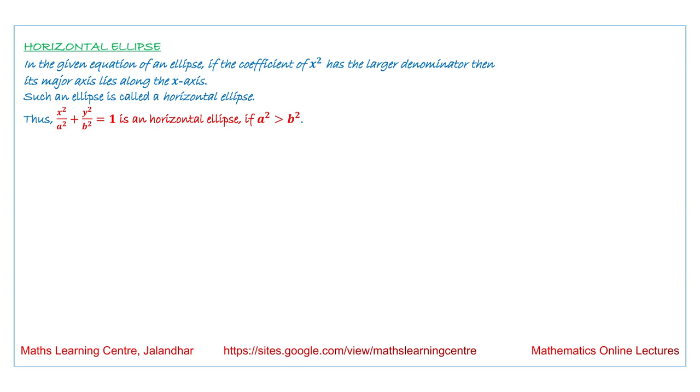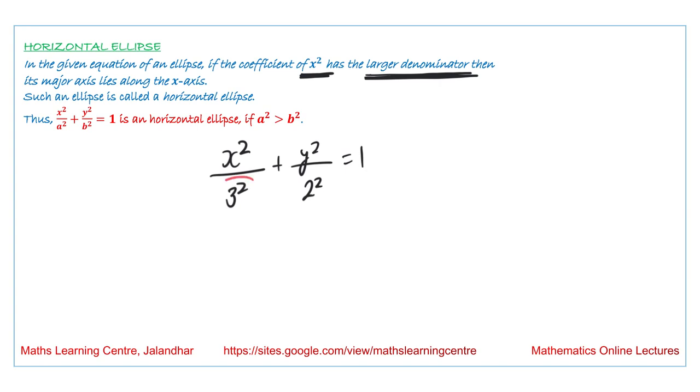Next we have different cases over here. First is the horizontal ellipse. In the given equation of an ellipse, if the coefficient of x square has the larger denominator, then its major axis lies on the x-axis. We are talking about x square over 3 square plus y square over 2 square equal to 1.